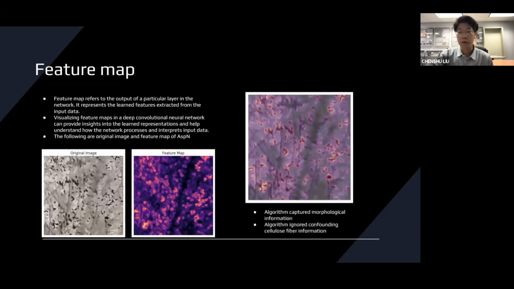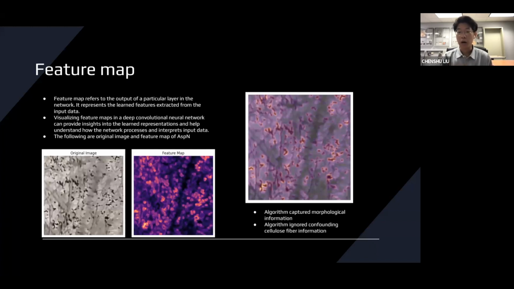So if I were to overlay these two images on top of each other, we can see that the mold bodies are being deemed important by the model for the classification task. On the other hand, the cellulose fibrous background is not being considered.